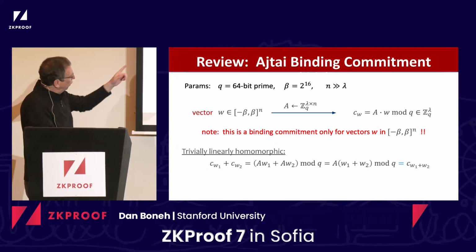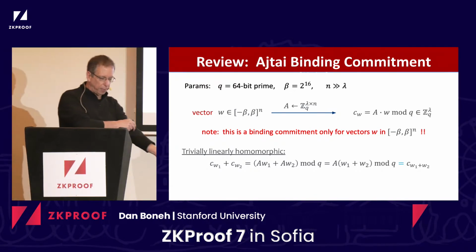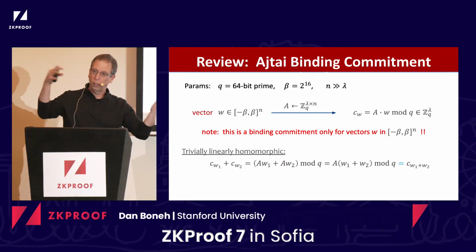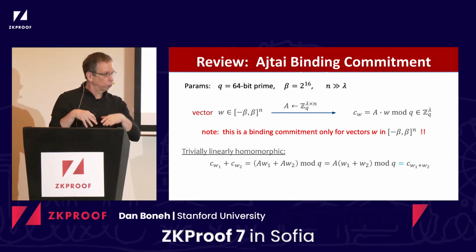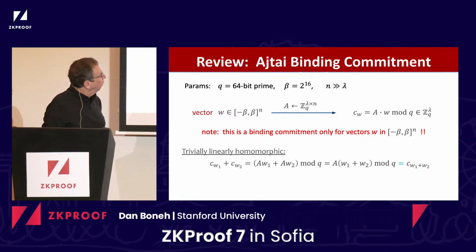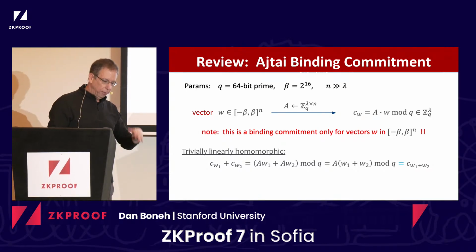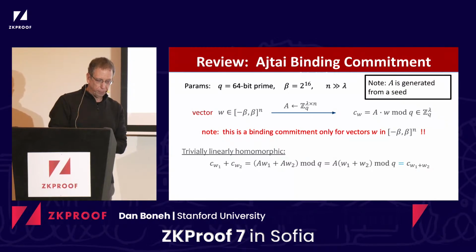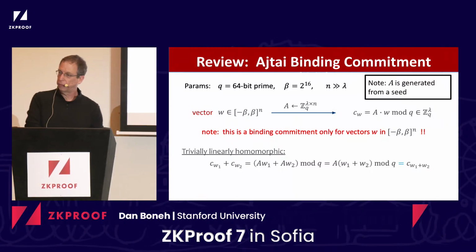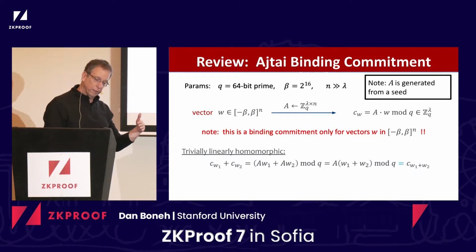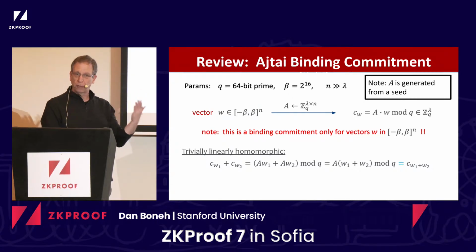Now, some people were complaining about LatticeFold, saying, "Oh my God, you have to store this big matrix A in order to do all your operations." Well, it turns out that's not really true. You don't have to actually store the matrix A, just like we do in post-quantum crypto. The matrix A is often generated from a seed. What's interesting is we don't even have to use a very complicated generator.